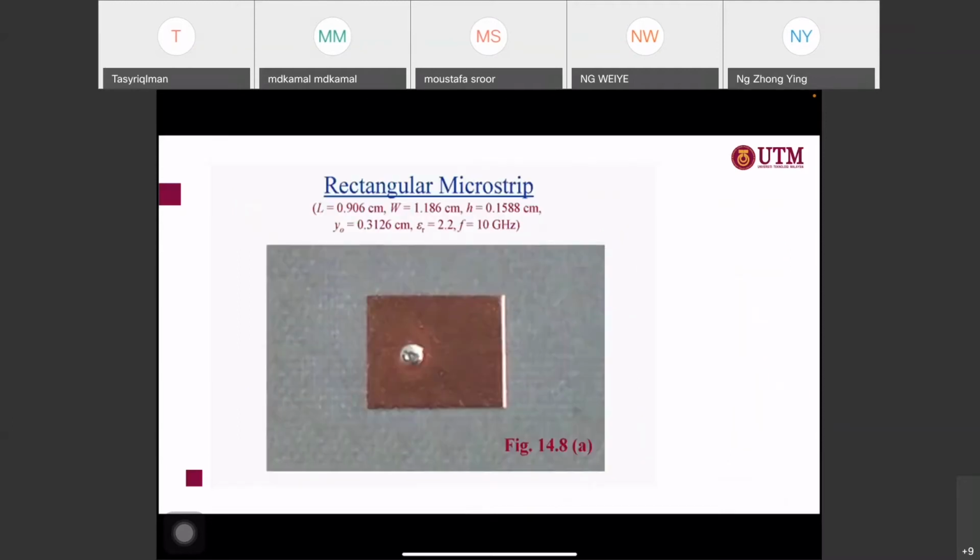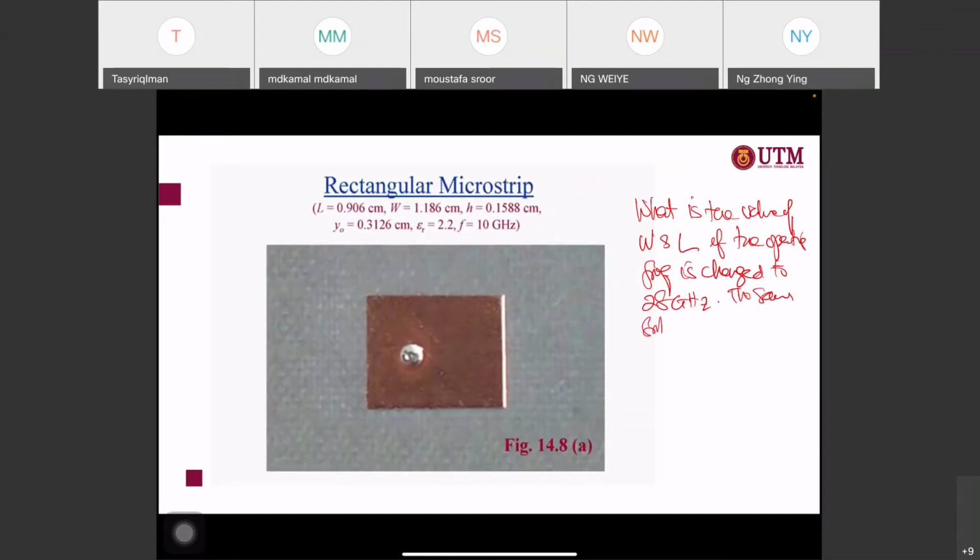So this is the example of the microstrip antenna. What is the value of W and L if the operating frequency is changed to 28 gigahertz, with the same substrate and thickness being used?